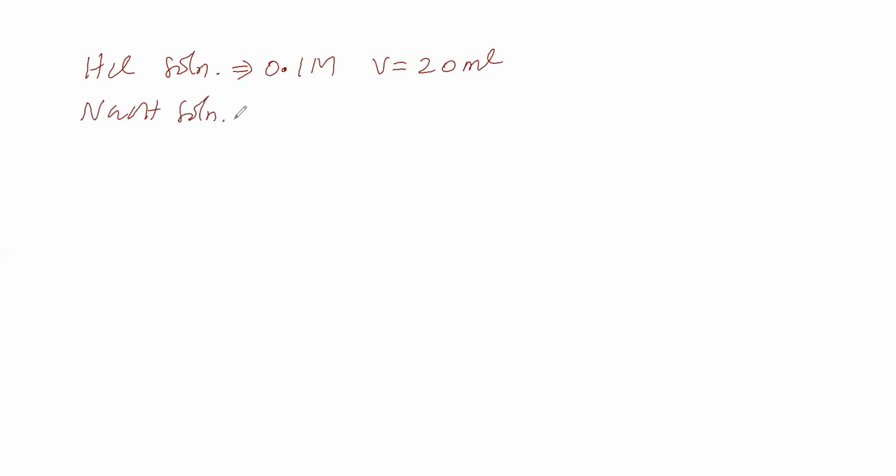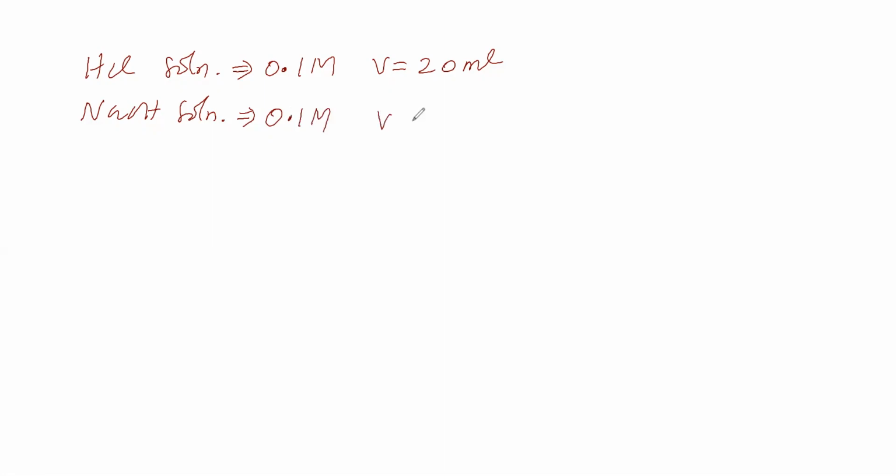Now, HCl solution we have taken. The HCl solution concentration is 0.1 molar and the volume, for example, 20 ml we have taken. Sodium hydroxide solution concentration we do not know; that we have to find. But in order to understand, I am taking it as 0.1 molar.